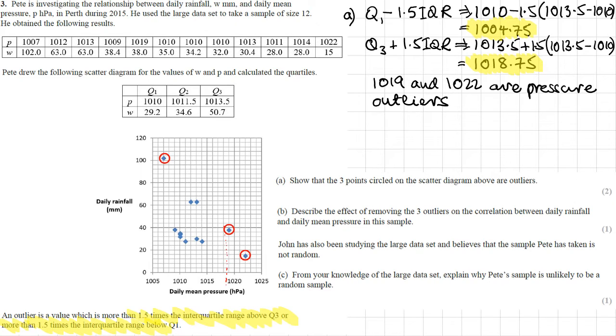Okay, now let's look at this point. So this is going to be rainfall, and see if we get a rainfall outlier. So first bit here was for pressure. So now let's look at rainfall.